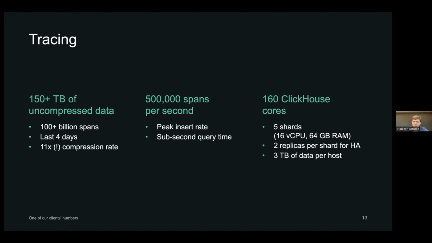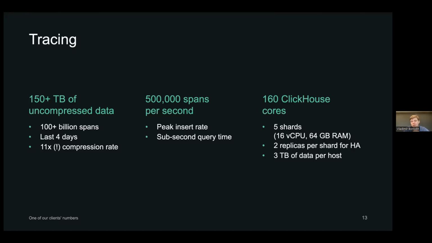They are able to store data for the last 4 days, because the more days you store, the more storage you consume, and that becomes quite expensive. The insert rate is really high. It's more than 500,000 spans per second, and each span is represented with 2 lines in ClickHouse. So it's approximately 1 million rows inserted per second.